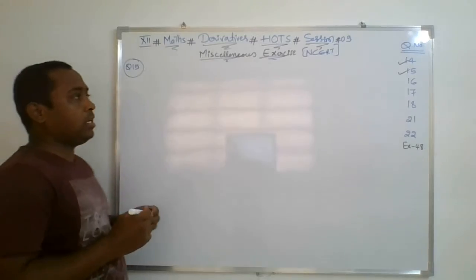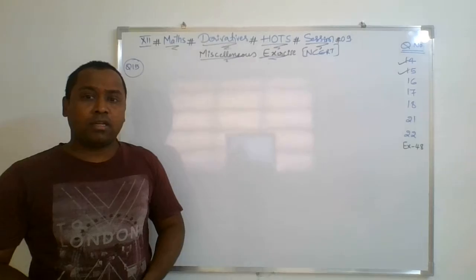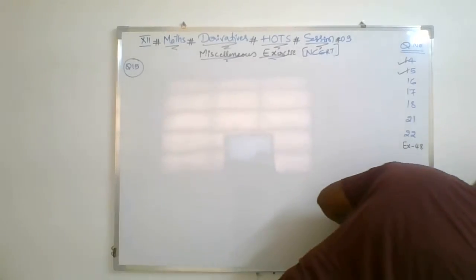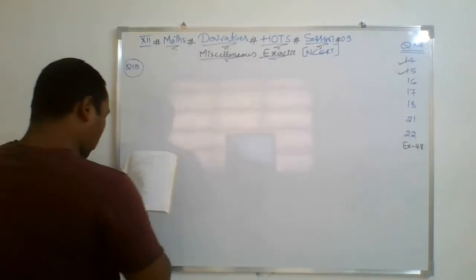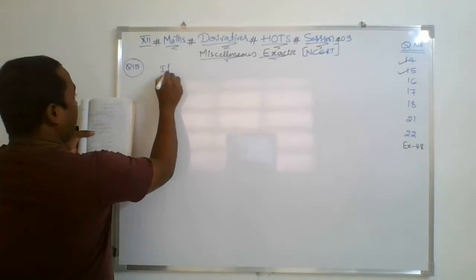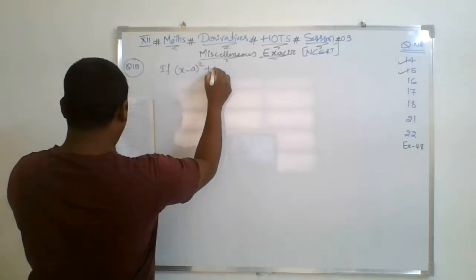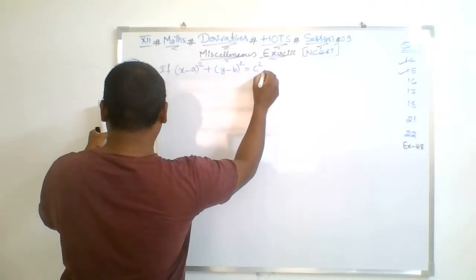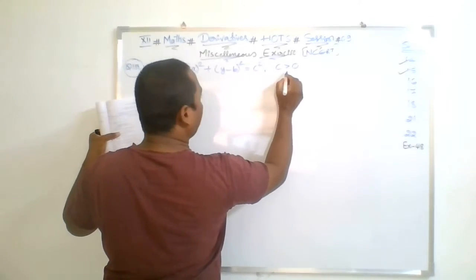This is a question that has been asked many times in boards, a 4 marker question. Sometimes it may be asked as a 6 marker question, depending on the examiner and the paper pattern. The question is: (x minus a) whole square plus (y minus b) whole square equals c square, where c is greater than 0, which is given.